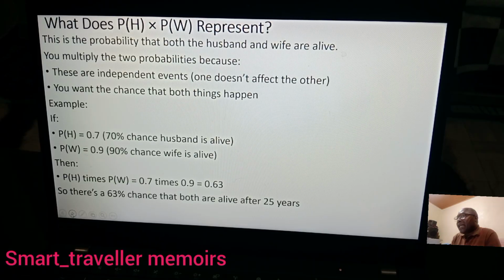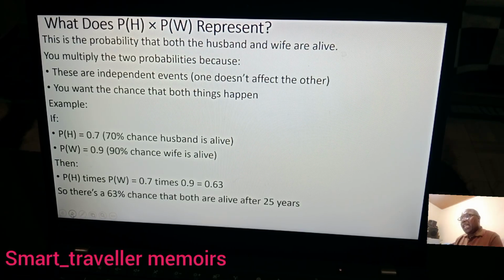So what does pH times PW represent? This is the probability that both the husband and wife are alive. You multiply the two probabilities because these are independent events. One doesn't affect the other. You want the chance that both things happen.